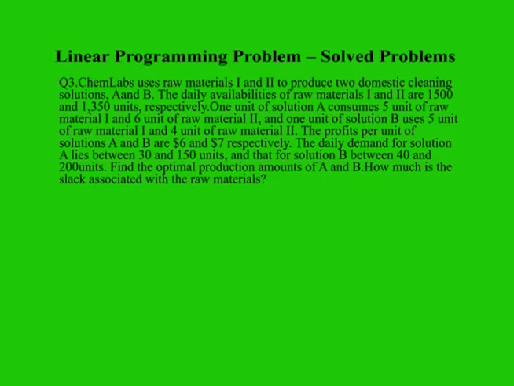We can understand from the question that the goal of the company is to maximize profit by apportioning the daily amount of cleaning solution A and B to be produced. Hence, profit maximization is the objective of the company, and cleaning solution A and B are decision variables.